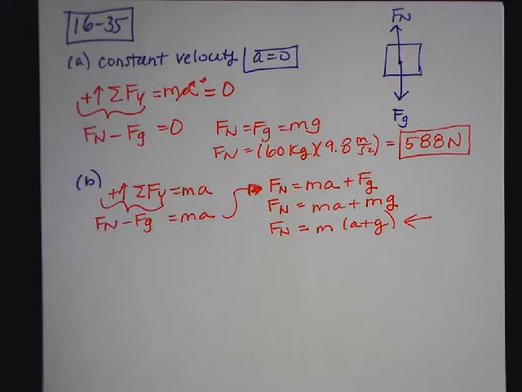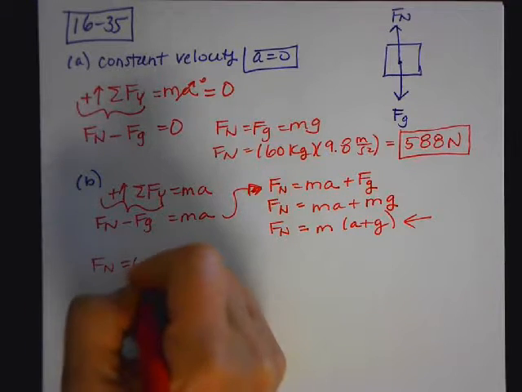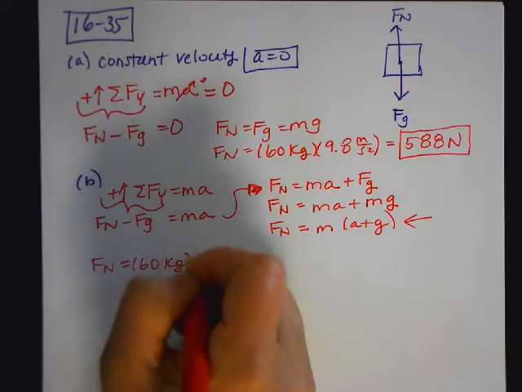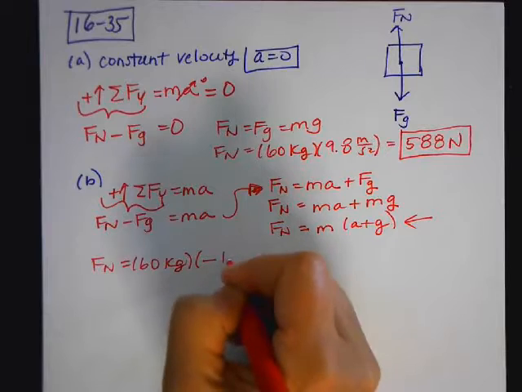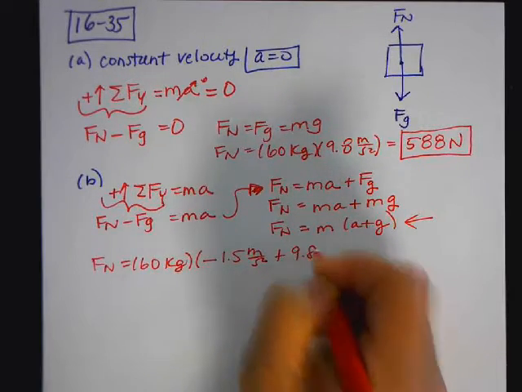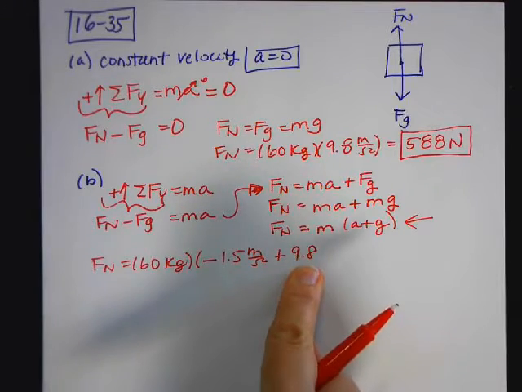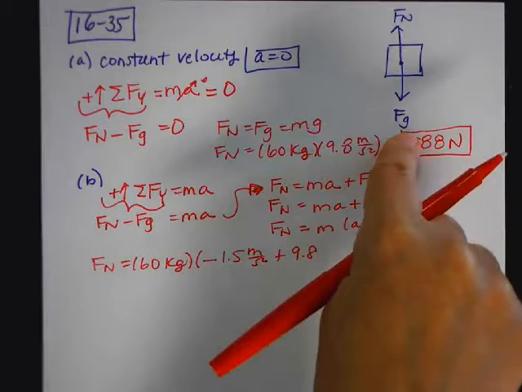Now, if in this case we want the actual value, I'm going to say F_N is equal to 60 kilograms times the acceleration, which is negative 1.5 meters per second squared, plus 9.8. Now, why is this 9.8 positive? This is positive because in my free body diagram, I already drew it going down.